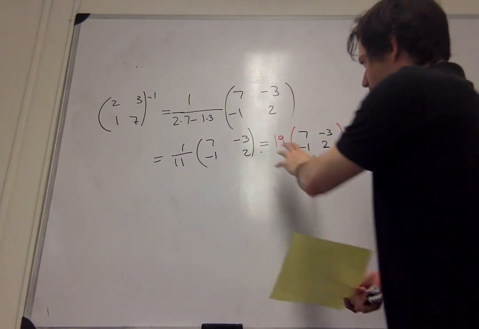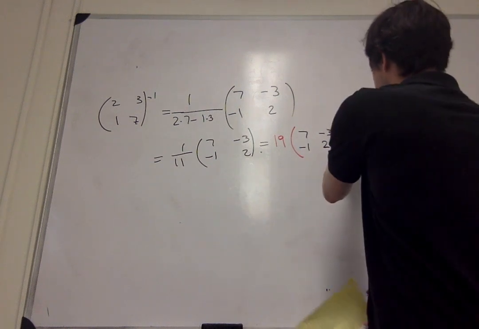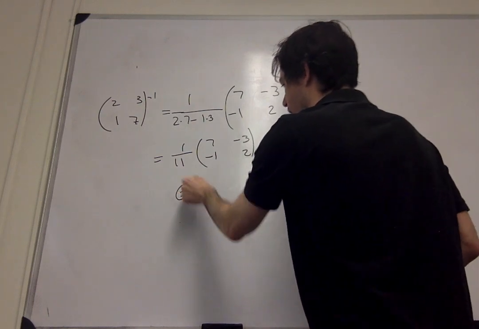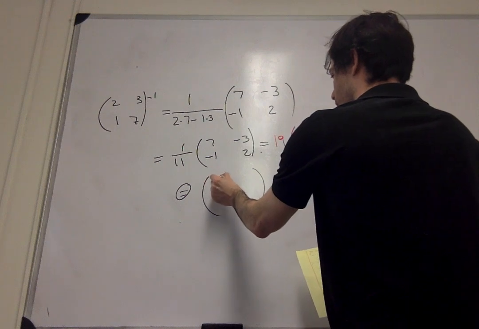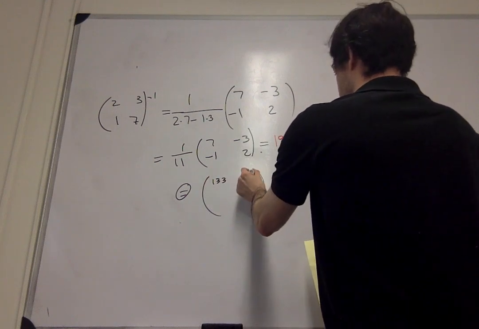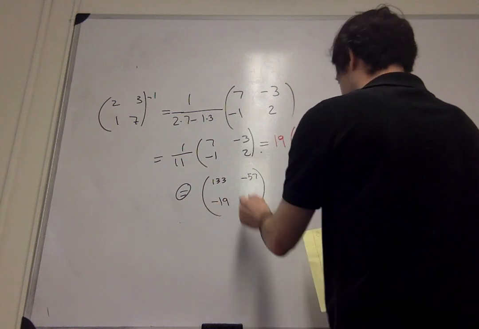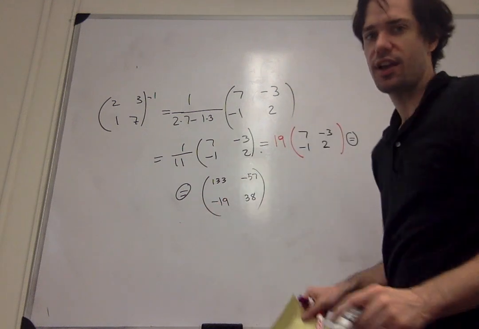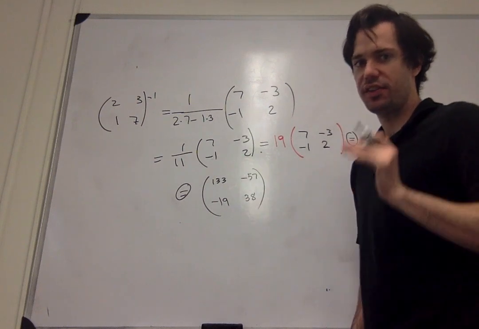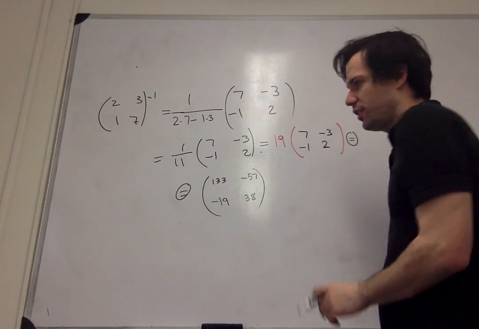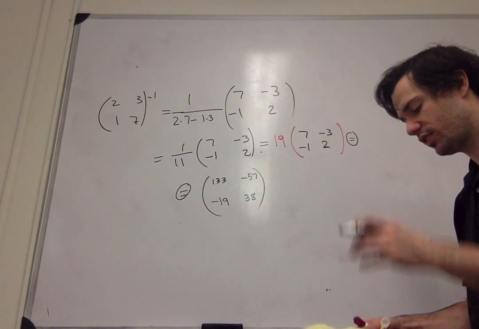Now, I'm going to go ahead and multiply 19 through everything, and if I do this calculation correctly, I should get 133, negative 57, negative 19, and 38. Okay, now remember, just like I don't have fractions, I do not have negative numbers, nor do I have numbers bigger than 25 when I'm working mod 26.